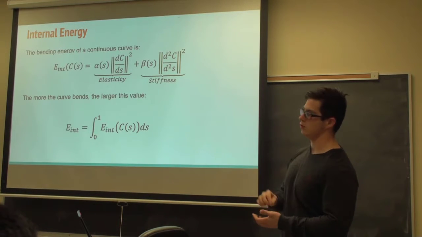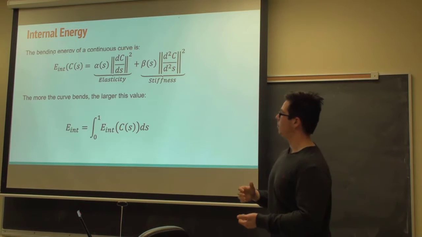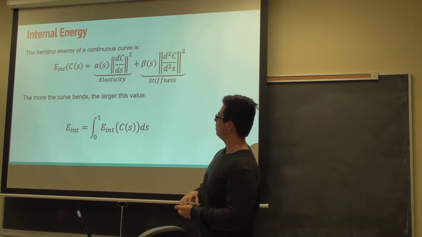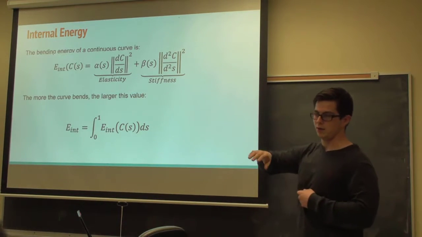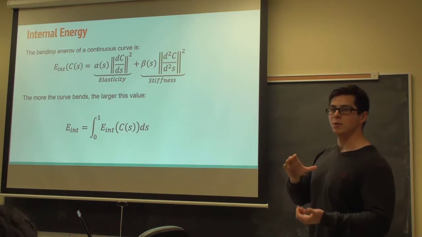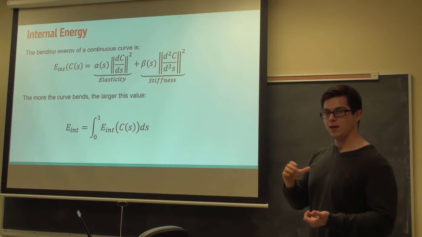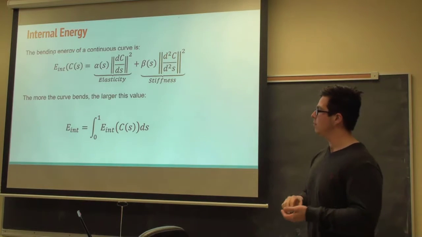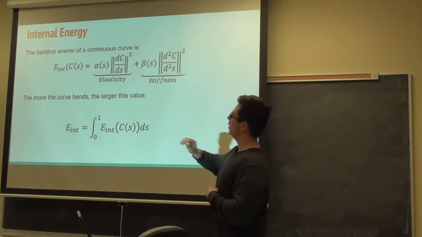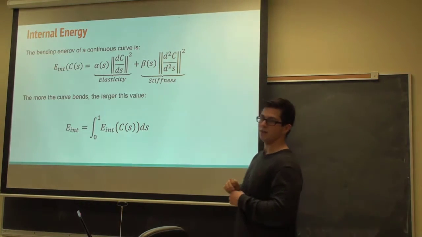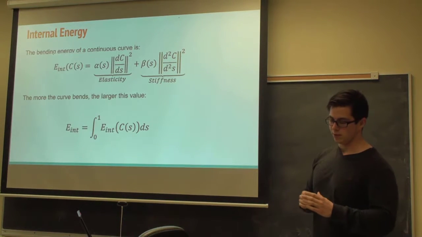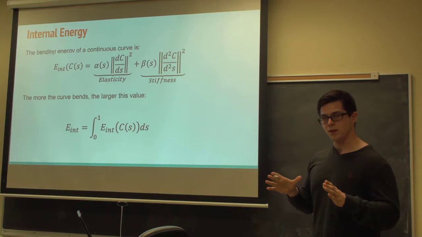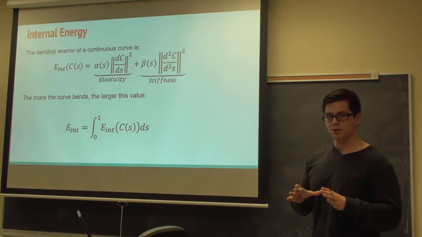Our internal energy equation is another component, and we have two main parts of it: the stiffness and the elasticity. As we saw earlier from our MATLAB code, it was forming curves, with every point coming to a stiff point. Part of the reason is our elasticity is represented right there, and it is trying to get our points as close together as possible.